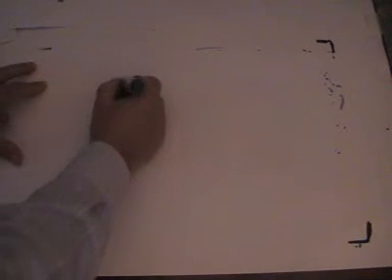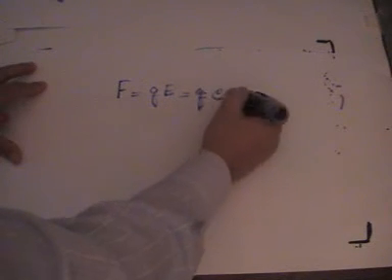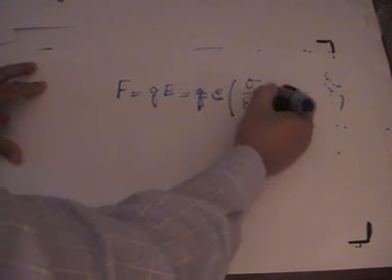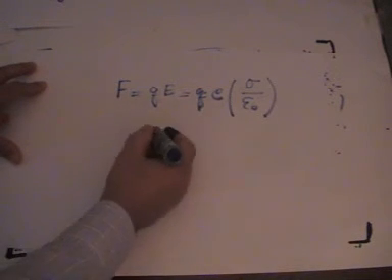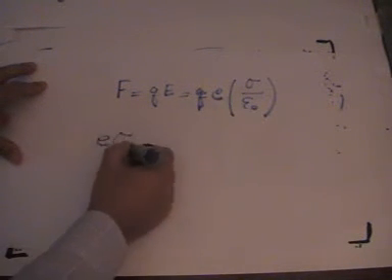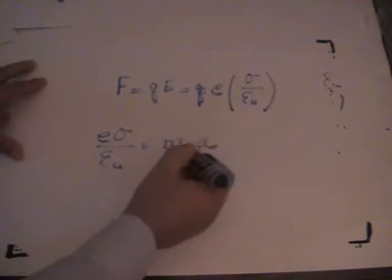remember F is equal to Q multiplied by E, which is equal to the charge of the electron multiplied by E, which is sigma over epsilon naught. Okay, and then F is equal to m a, so e sigma over epsilon naught is equal to the mass of the electron multiplied by a.